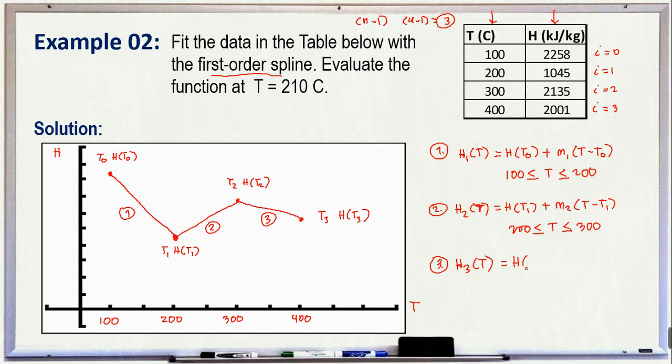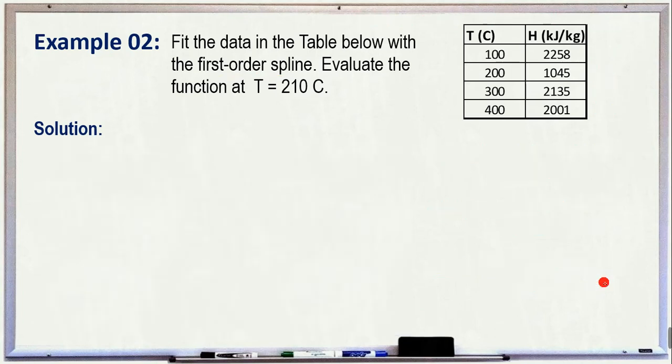So h of t2 again, plus m3, because the slope is different, multiplied by t minus t2, on the interval 300 less than or equal to t less than or equal to 400. So that is the equation we are looking for. Any questions so far? Okay, no questions, so let's proceed.